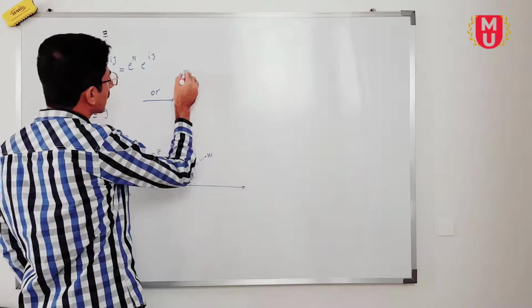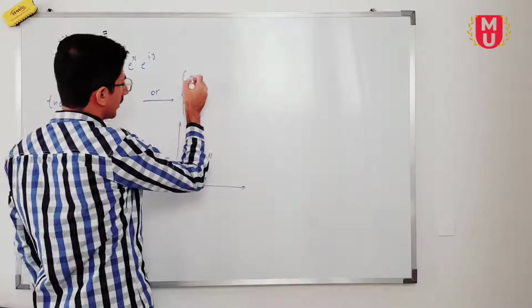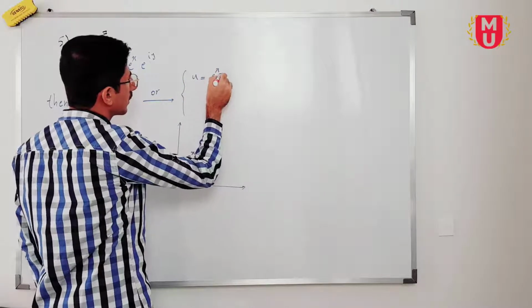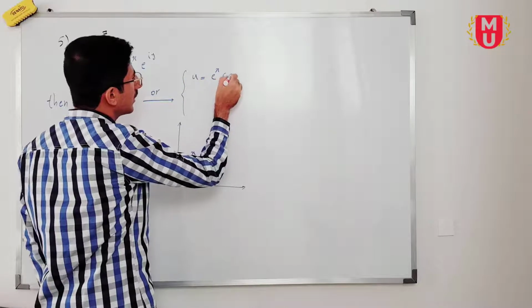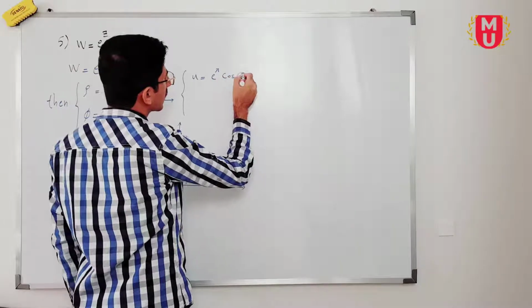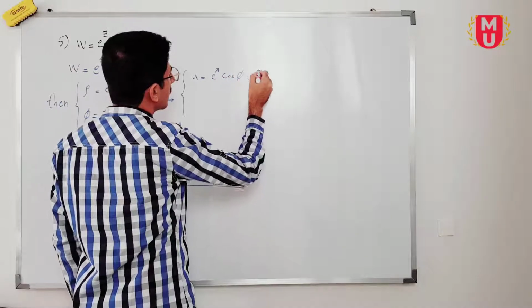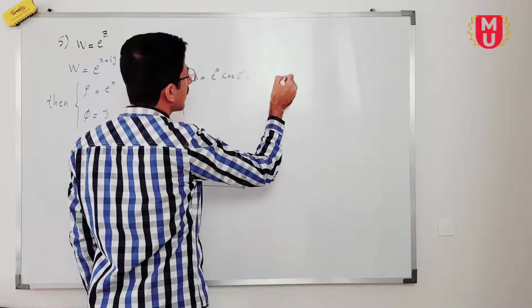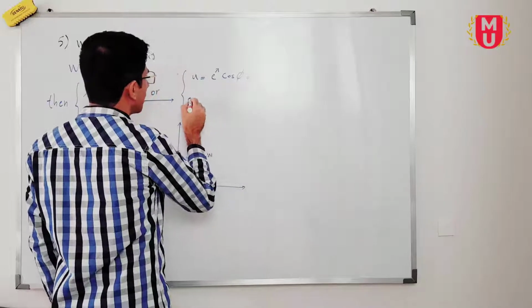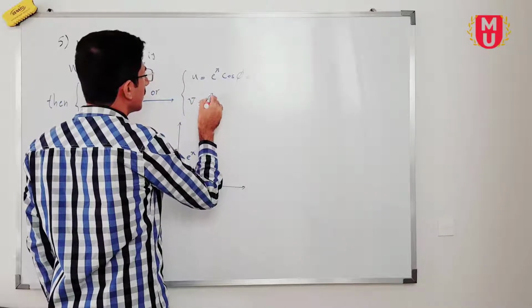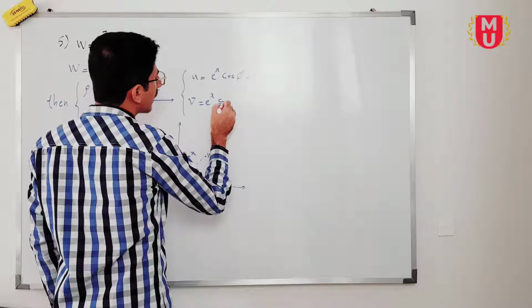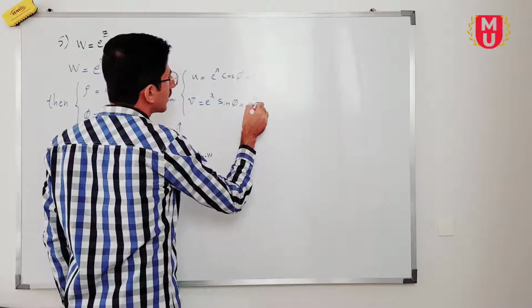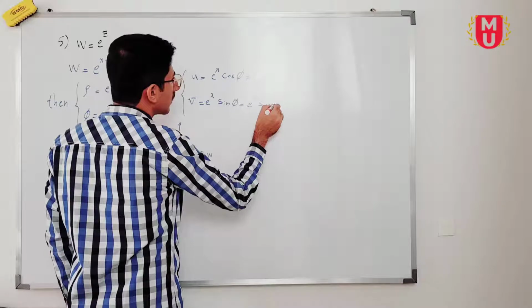As a conclusion, u is equal to e to the x cosine phi, or e to the x times cosine y. v is equal to e to the x sine phi, or e to the x sine y.